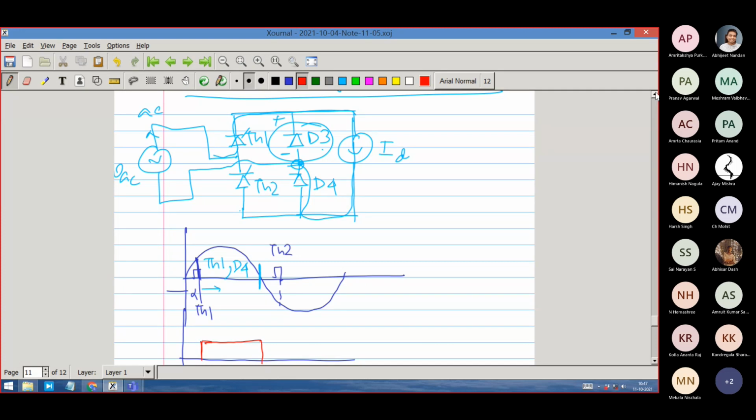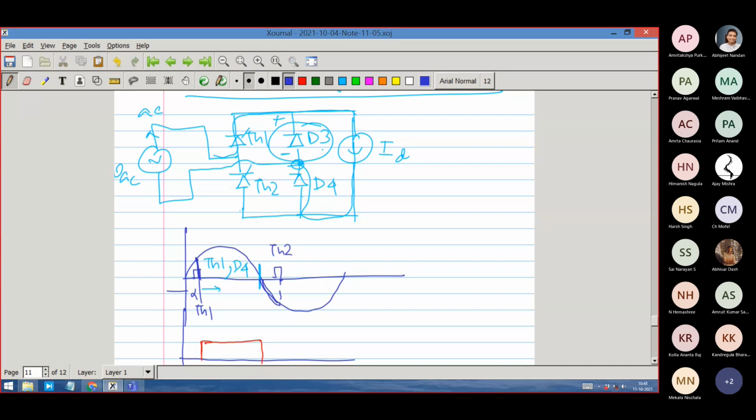TH1 is still conducting, however, this time the input voltage has become negative. It is now coming to the negative zone.